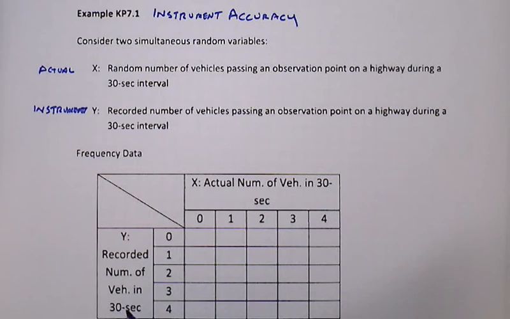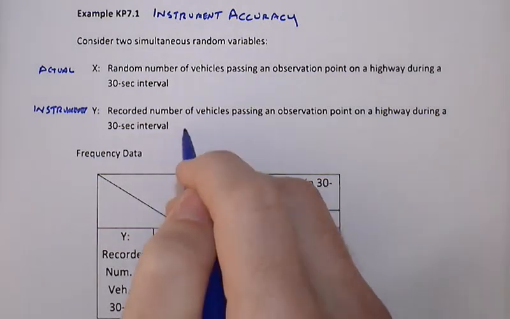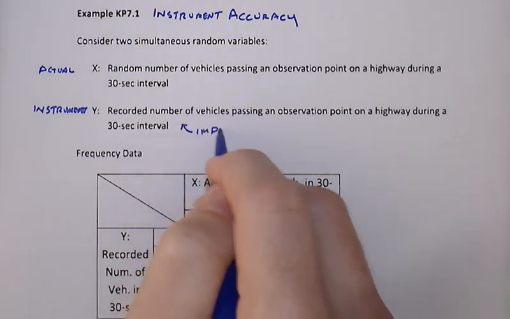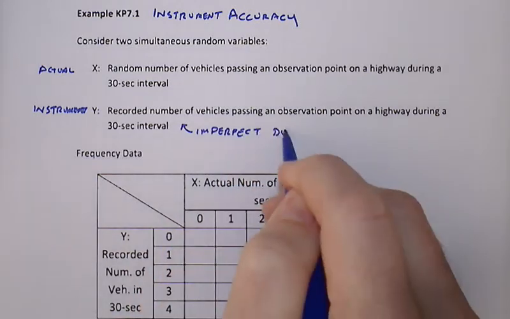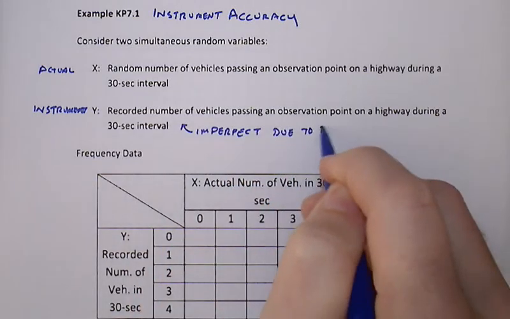And there's a lot of reasons why you might have some imperfections in the instrument. This particular kind of instrument is the pneumatic tube that gets stretched across the highway, and some of these imperfections are related to vehicle dynamics.